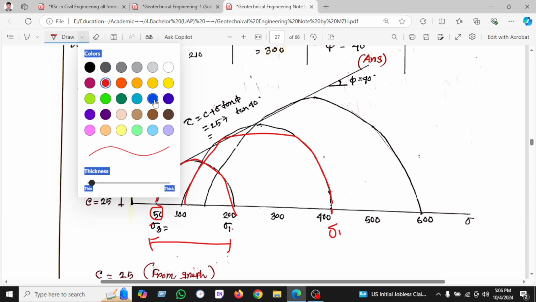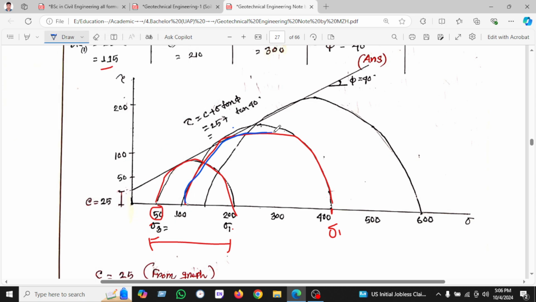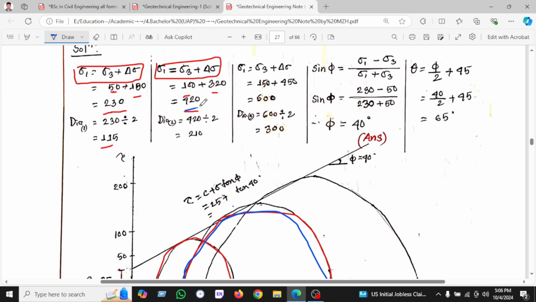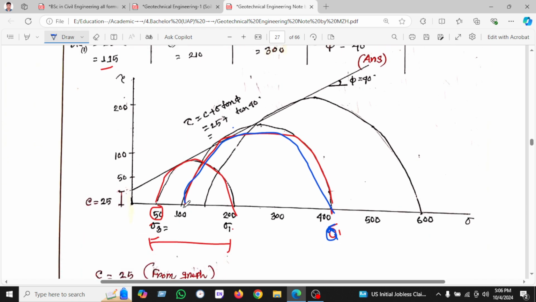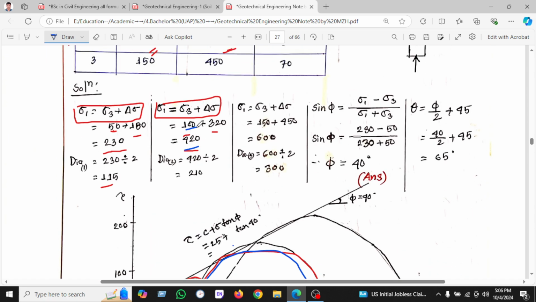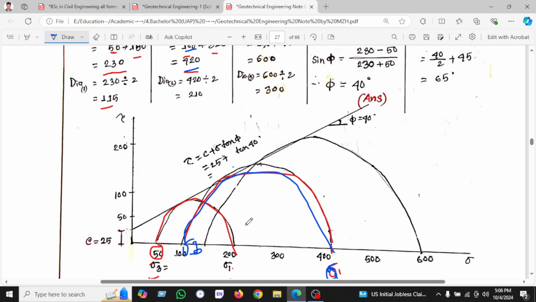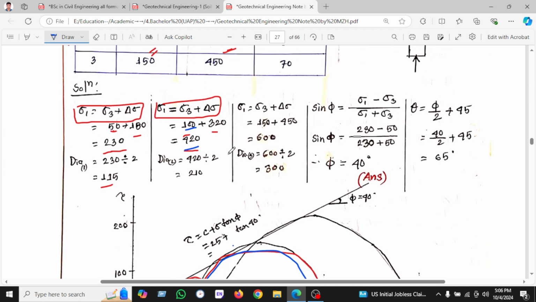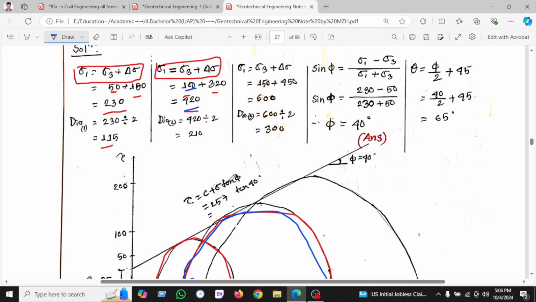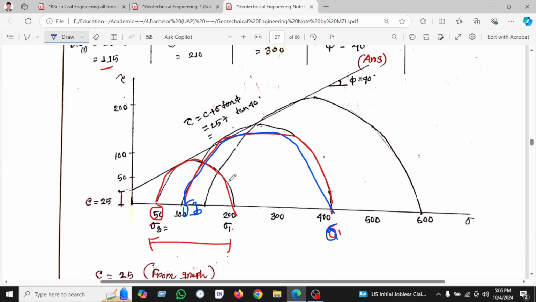If I change the color, then we can see our circle. We have found sigma 1 as 420, and sigma 3 is found here as 100, and the diameter is 320, and the radius will be 320 divided by 2.